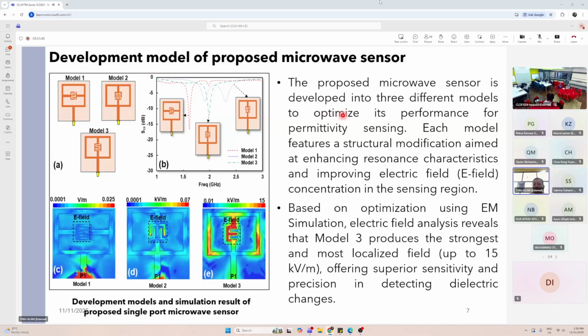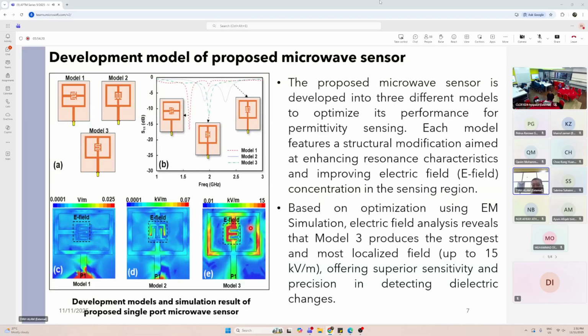The proposed microwave sensor is developed into 3 different models to optimize its performance for permittivity sensing. Each model features a structure modification to enhance resonance characteristics and improve the electric field concentration. So if we can see, this is model 1. Okay, the electric field is very low. Model 2 also still has low concentration, but in model 3, the electric field is stronger than model 1 and model 2.